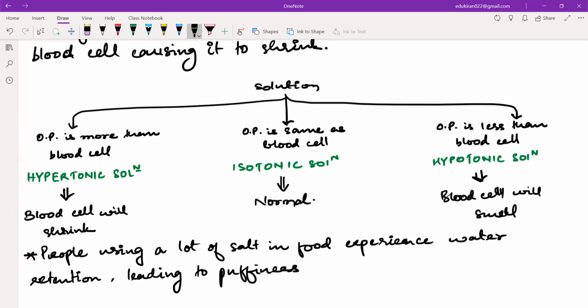Na, their body becomes puffy. And this is known as edema, called as edema.